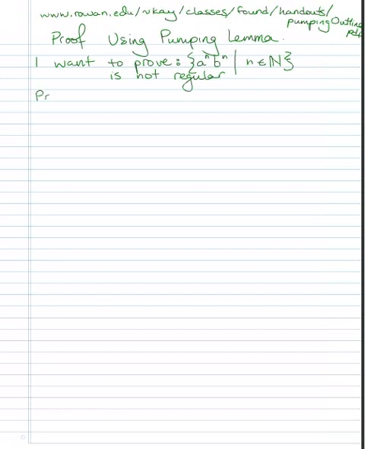Alright, so I want to prove this. So here's my proof. Let L equal the language a^n b^n, such that n is an element of the natural numbers. Let's assume that L is regular, right?